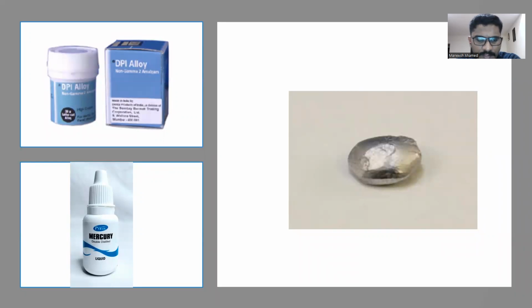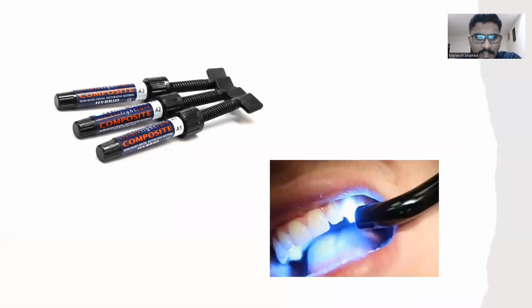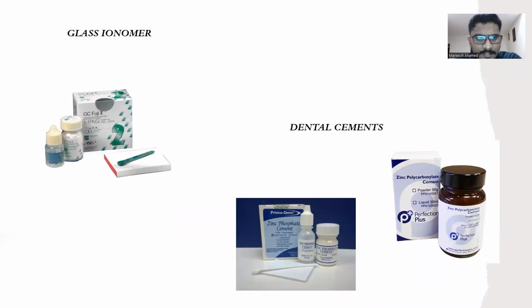However, today's dentistry is mostly concentrated towards resin composite, and resin composite has had several advances during recent years. And other materials like glass ionomers and dental cements are also important when restoration of the tooth is taken into consideration.